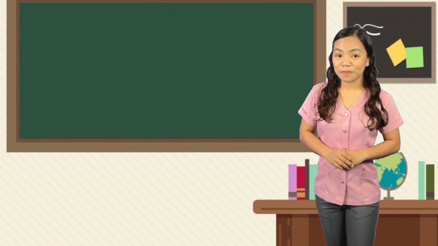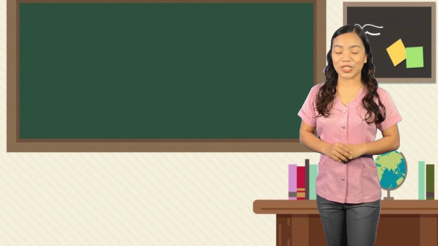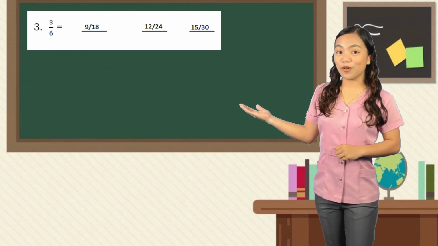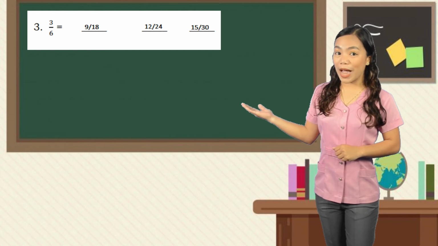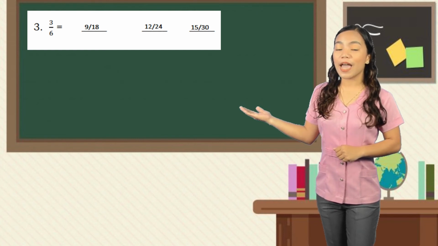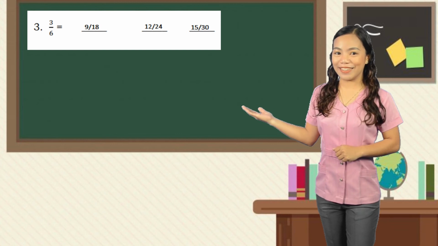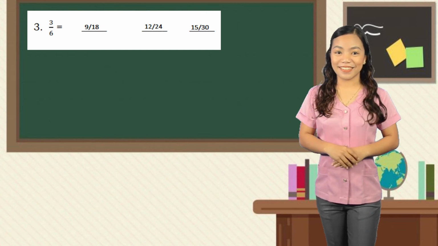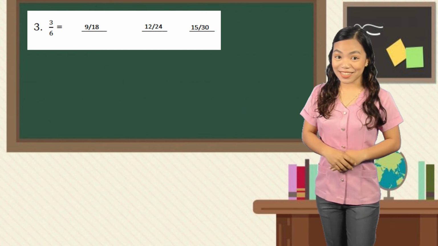Time's up. The correct answers are 9 over 18, 12 over 24, and 15 over 30. Easy, right?